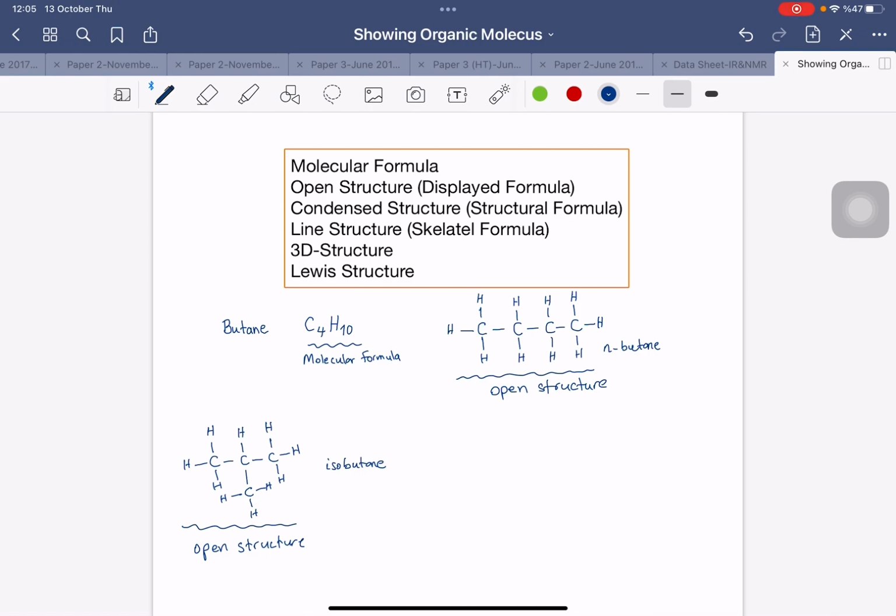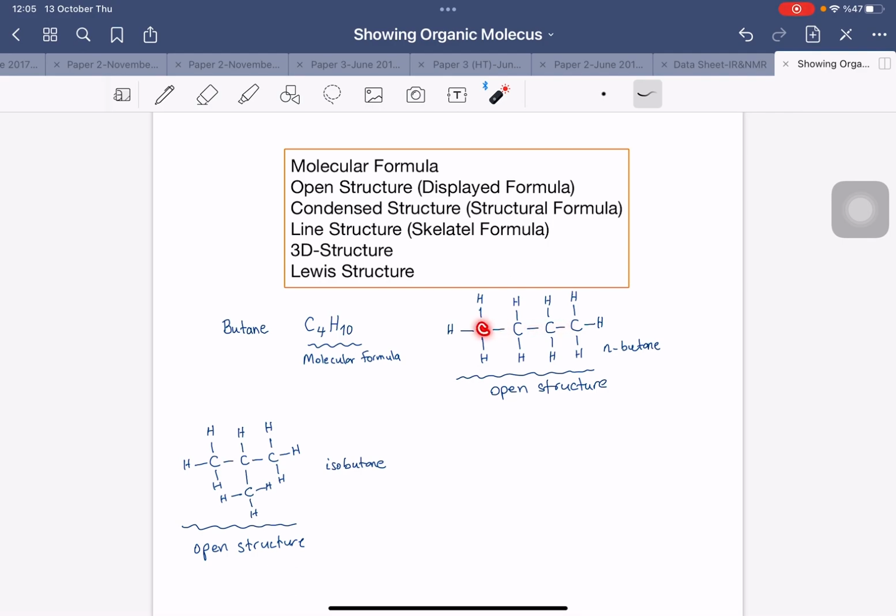Let's now show the condensed structure of N-butane. In condensed structure, whatever we see connected to carbon, we write as a condensed form. I'm just starting from left and going to the right.